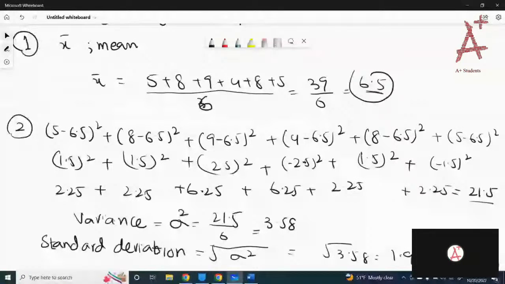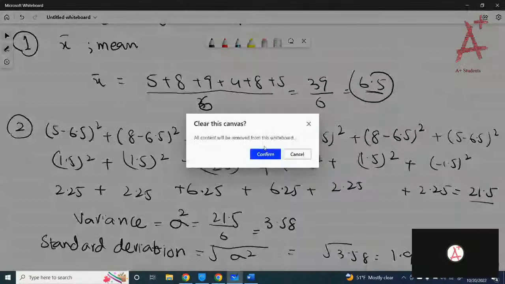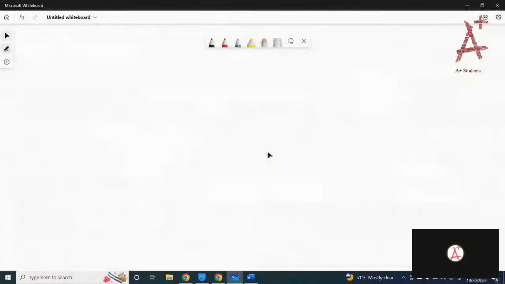Okay, let's do another example. The given data set is 56, 77, 59, 62, 90, and 10. You have to calculate the standard deviation.